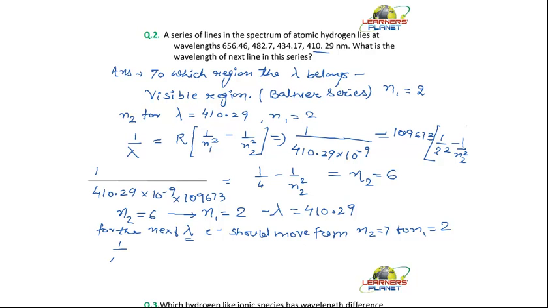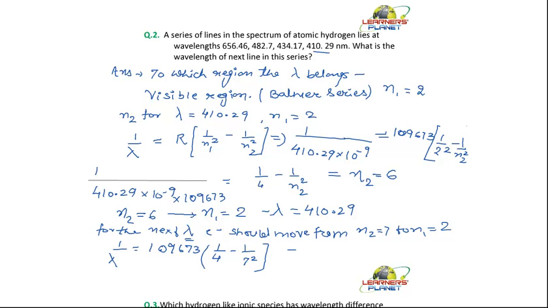Now your 1 by lambda will be equal to 109673 multiplied by 1 by 4 minus 1 by 7 square.